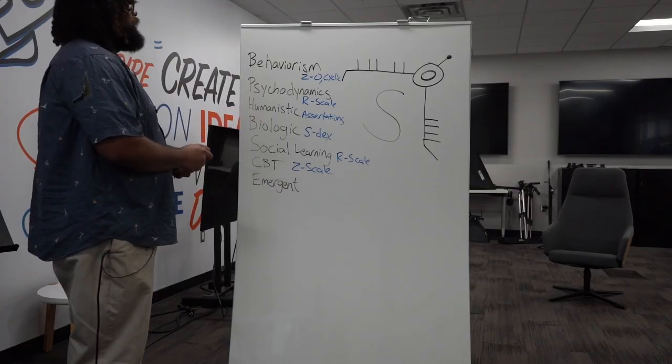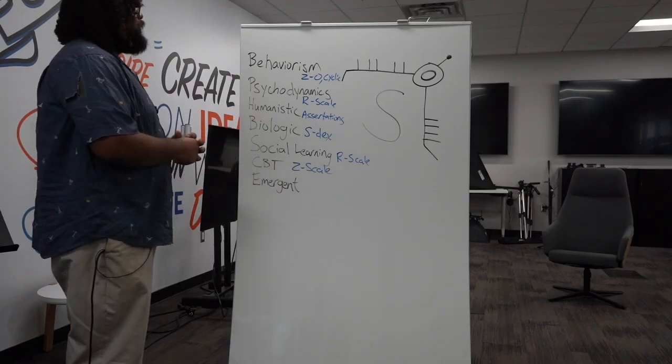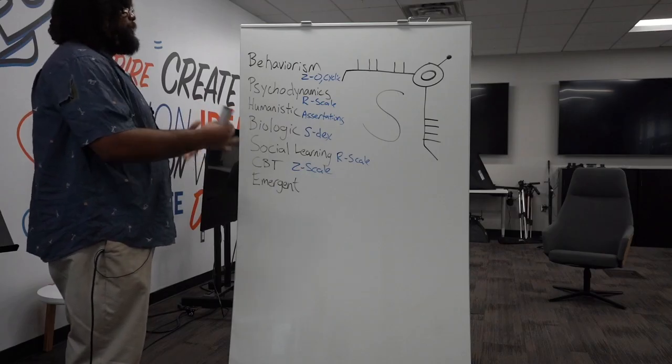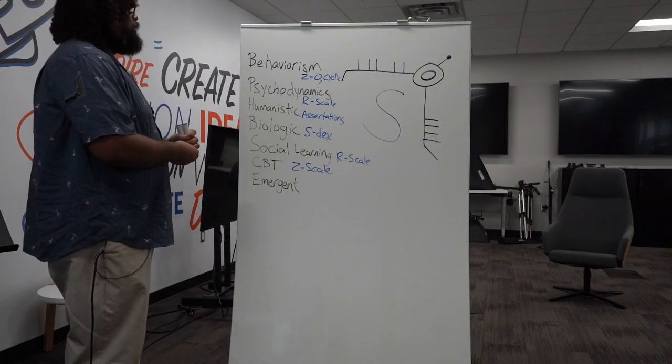So we can address the unconditioned version of things just using the Z0 scale, which is raw experience, and we can learn people's tendencies and how they tend to respond to things.